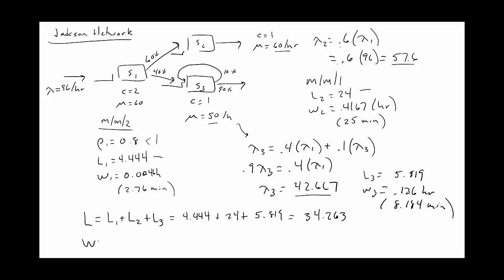When we think about W, all entities don't go to all stations because we have this probabilistic routing. Some go from S1 to S2, some go from S1 to S3. So we have to figure out how that's going to impact my overall time in system. One way I can do that is I can just use this weighted average. So this is going to be W1 because all entities go to server 1, plus 60% W2, plus 40% W3.